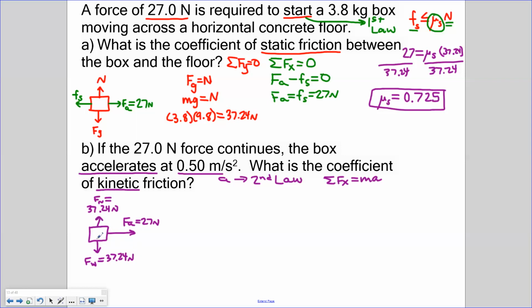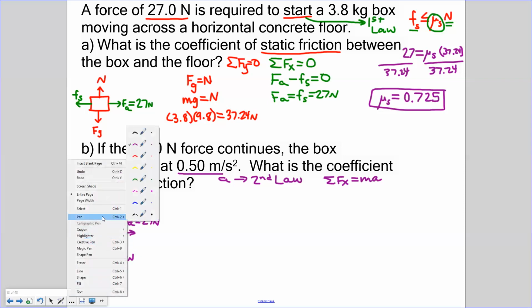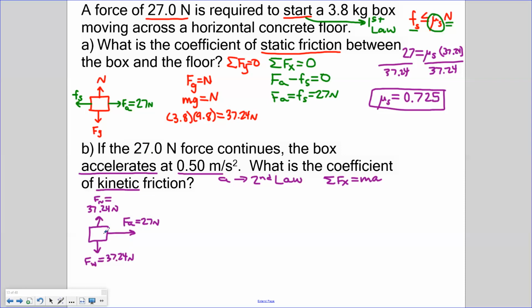Notice these two arrows vertically are about the same size. You can use kind of different scales on the X and the Y axis. So on the Y, I'm just showing that they're about the same size. I'm not trying to show that this 37.2 is way more than 27 or way less, right? The arrows, as long as they match on each axis, that's fine. So these two are about equal, so I drew them about the same size.